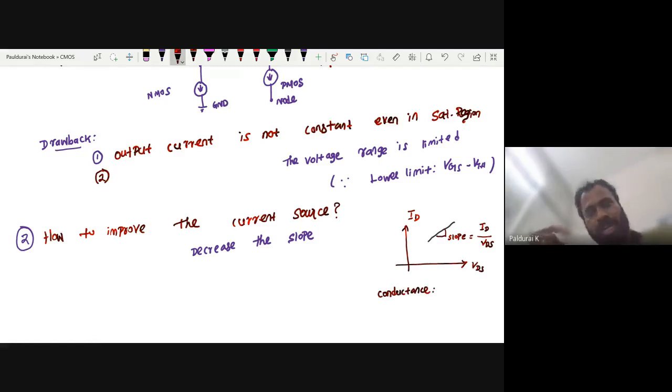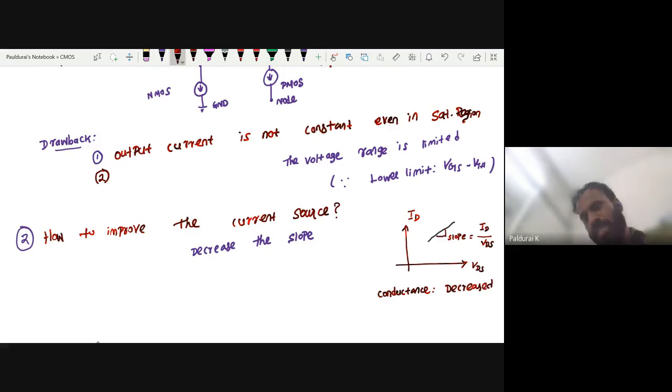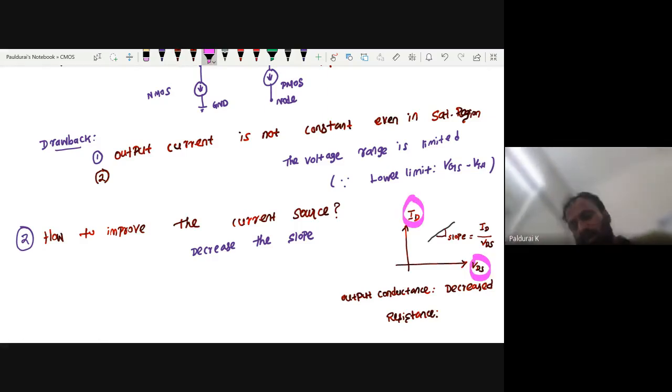It has to be increased or decreased. Conductance has to be decreased. Then what about resistance? As per our notation, this is called output, right? So output conductance, not transconductance, because we are plotting VDS versus ID. Both are at the output side. So output conductance actually has to be decreased.